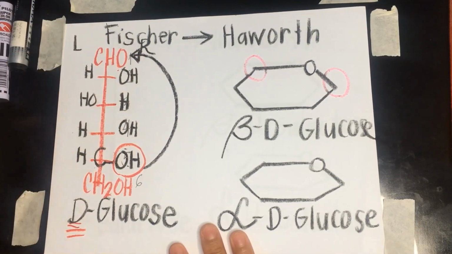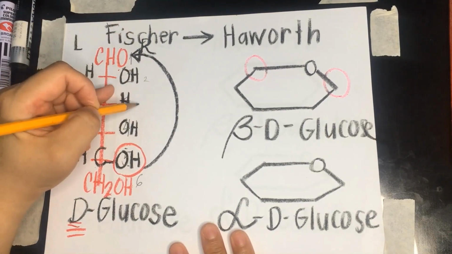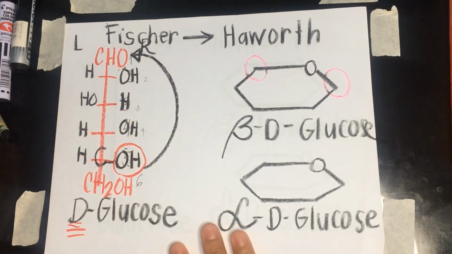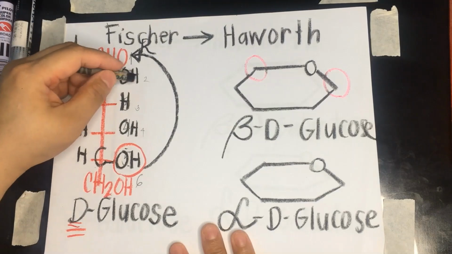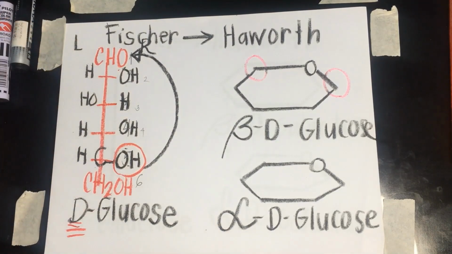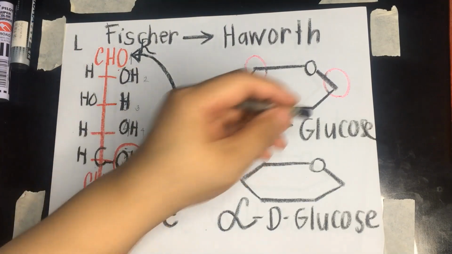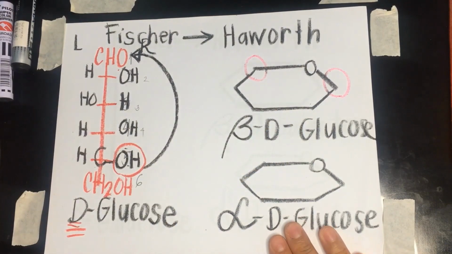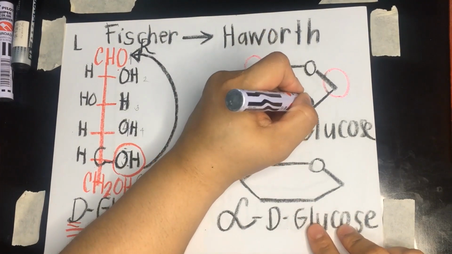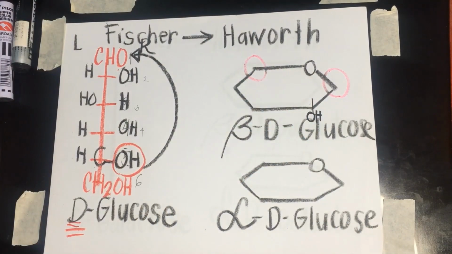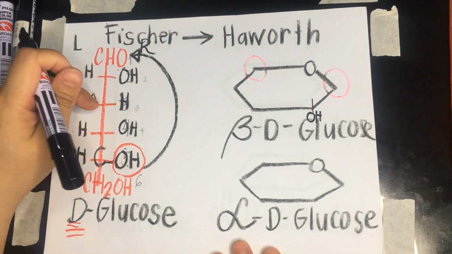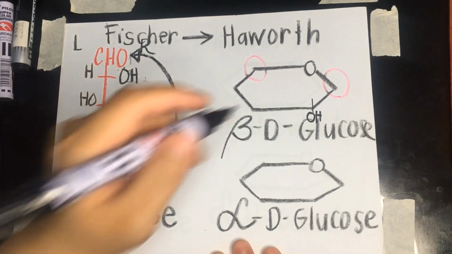So, this will be carbon number 2, 3, and 4. Carbon number 2, it is located on the right side. Therefore, our hydroxyl group is to be placed below. Next, our carbon number 3 is located on the left side.